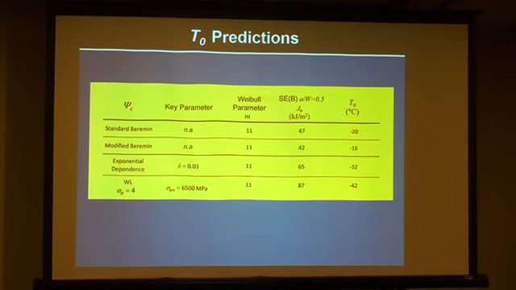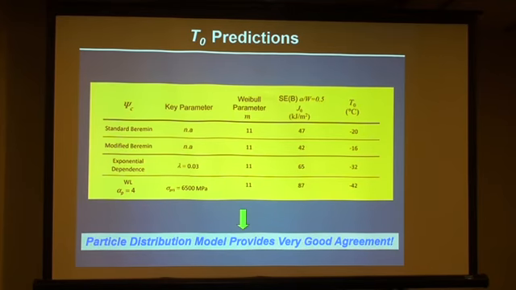You can see here that the Beremin is conservative. The T0 is minus 20. The modified Beremin overshoots the prediction actually. We don't have time here, but I can discuss later why there is this overshooting. The exponential dependence is less conservative, and the T0 prediction using the particle distribution model is within 1 degree of the benchmark. So it provides a very good agreement.